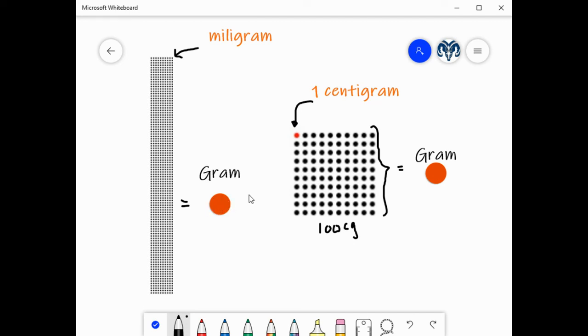Okay, so we can go to micro where there'd be 1,000,000 of these. And that's just crazy many dots, so I didn't want to put that up here.